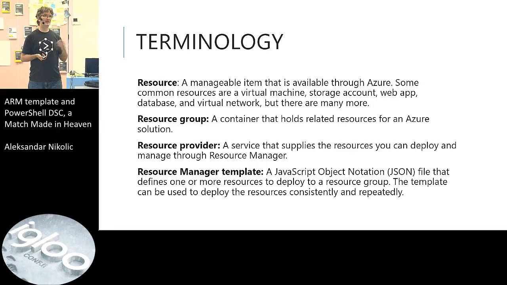But later, when you start creating something for production and complex solutions, you will realize that it's better to separate those things into different resource groups, deploy them separately, and then link them later. Because if you think about it, the life cycle of a virtual network in Azure is not the same as a database.